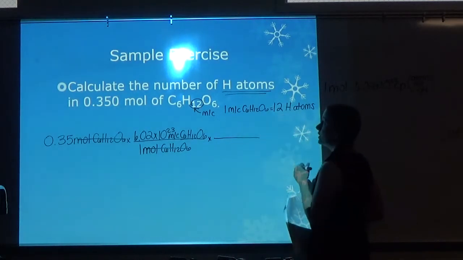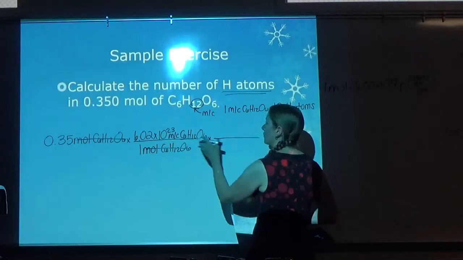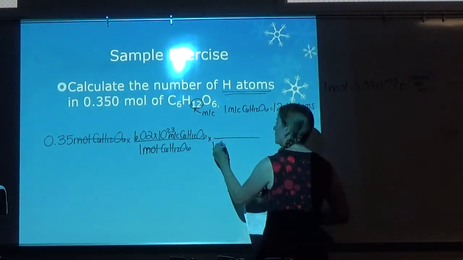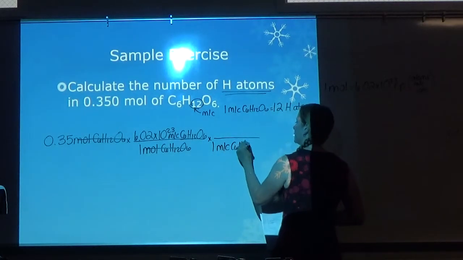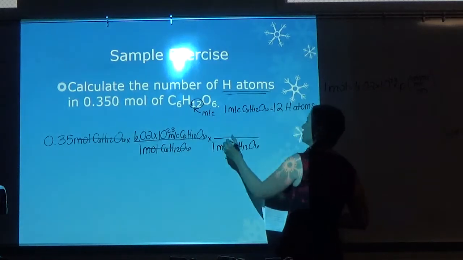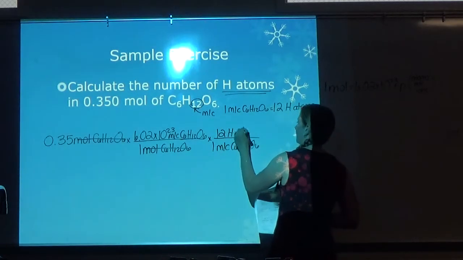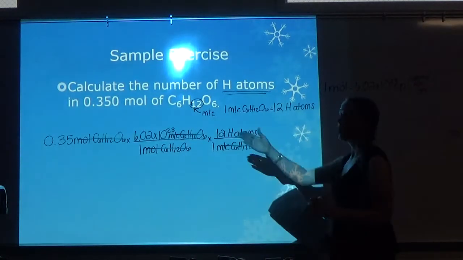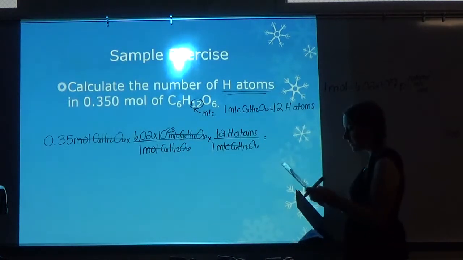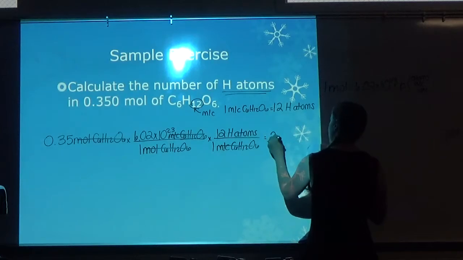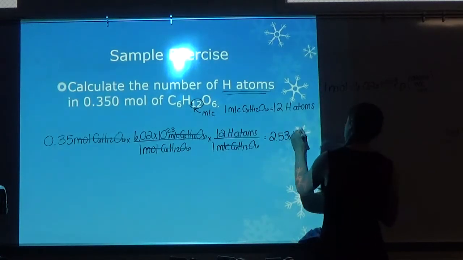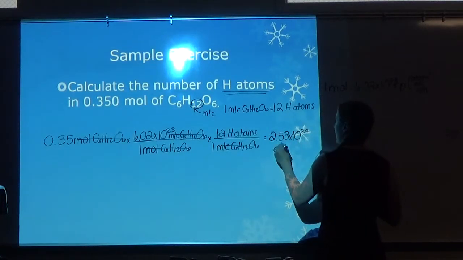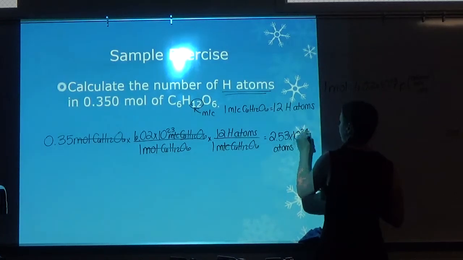So then, once I know this, I can follow my golden rule. The molecule will go on bottom, so one molecule of C6H12O6 is 12 hydrogen atoms. So my molecules cancel. Since all three of my numbers are on top, I'm just going to multiply across the top. And so I end up getting 2.53 times 10 to the 24 atoms of hydrogen.